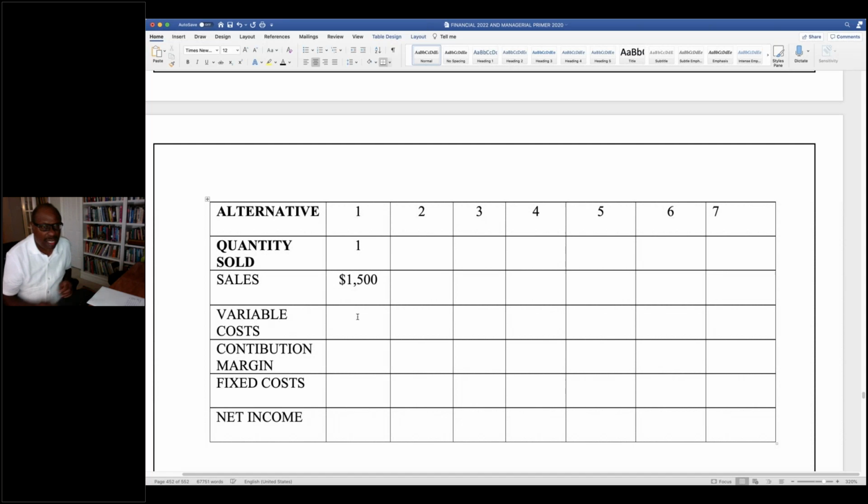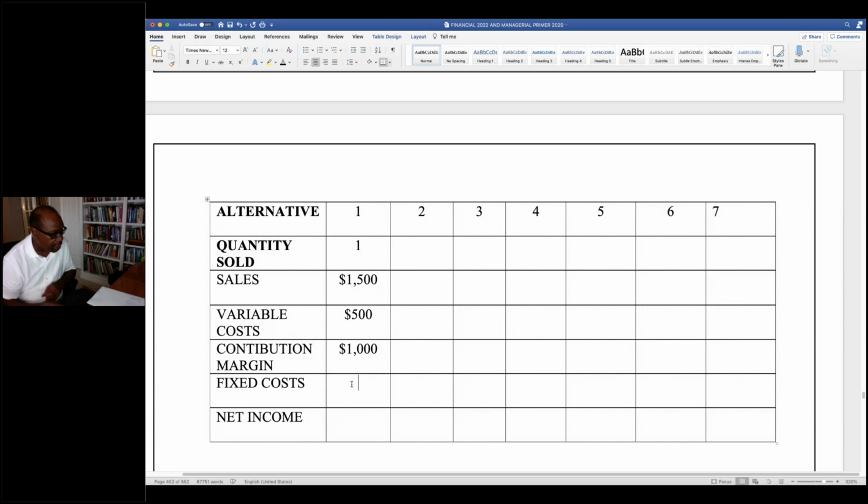The cost of that computer is going to be $500. So our contribution margin is $1,000. What this means is that every time we sell a computer, we make $1,000.